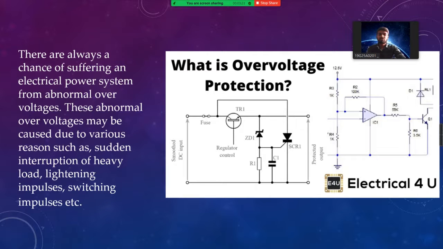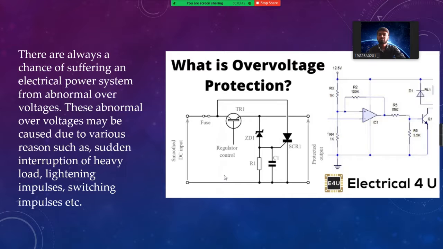These abnormal voltages may be caused by various reasons such as sudden interruption of heavy load, lightning impulses, switching impulses, etc. We will sort them out by giving protection to the transmission line against over voltages.